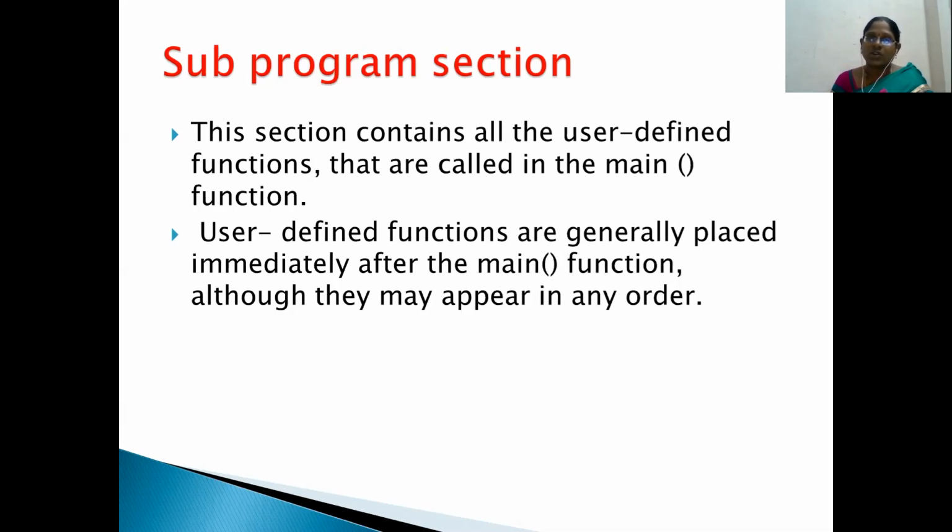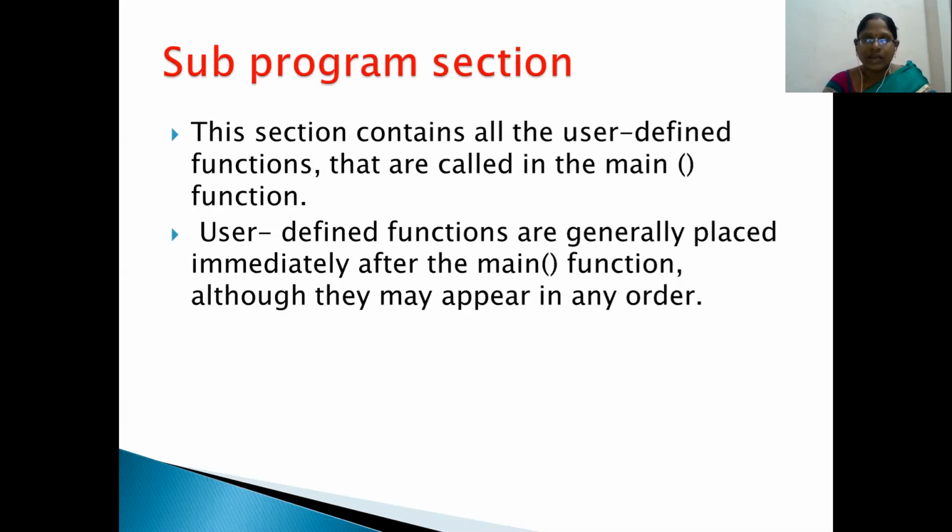Those are called your user defined functions. We declare those functions in the global declaration part, right? So you need to define those functions afterwards. Excluding main, all the functions the user defines come under your subprogram section, and they may appear in any order. It is not compulsory that it should be in the first one, second one, like that.